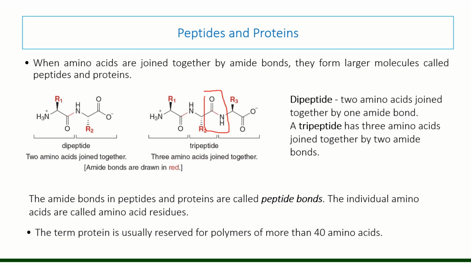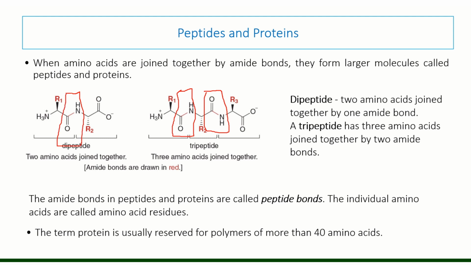So the combination of two or more amino acids via an amine and an acid group gives you an amide bond. So in a tripeptide, you would have two amide bonds. In a dipeptide, you only have one amide bond.